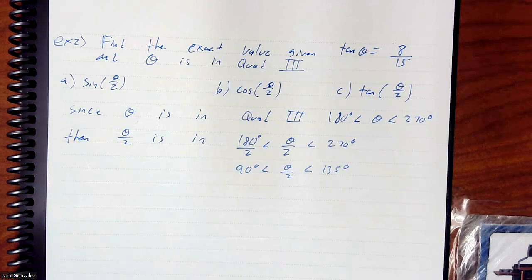Does that make sense, the logic? So if theta's over here, half of it would be half the distance, right? Which quadrant is this? Yeah, it's gonna be 2. So originally we had quadrant 3 and both were negative, right? Now we're in 2, so which function is negative?